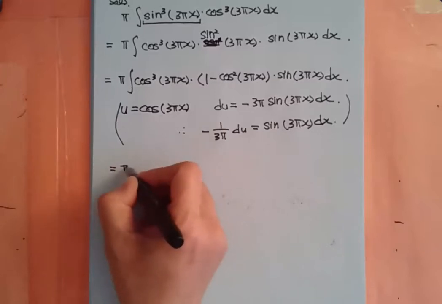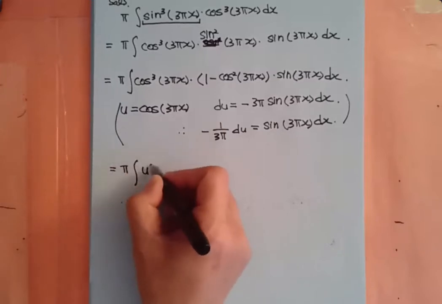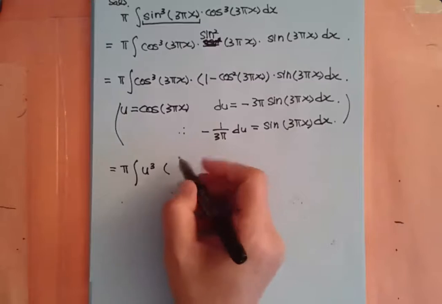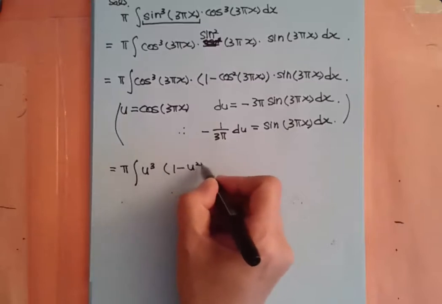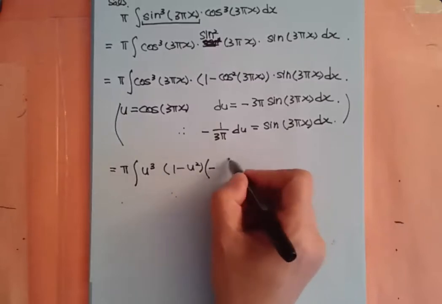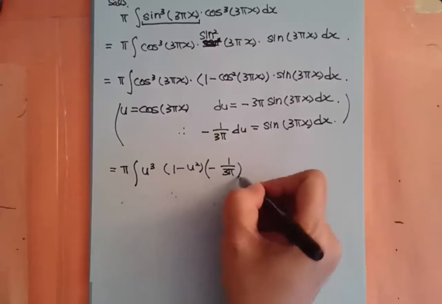So that is pi times the integral of u cubed times the next one is 1 minus u squared times negative 1 over 3 pi du.